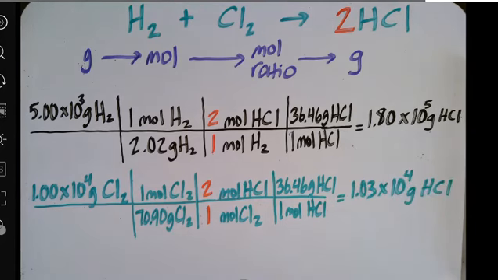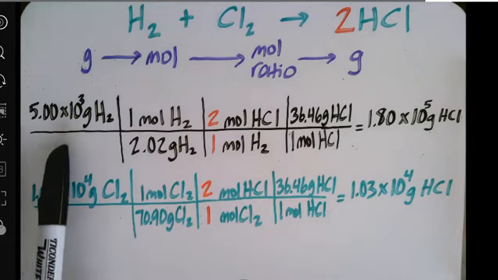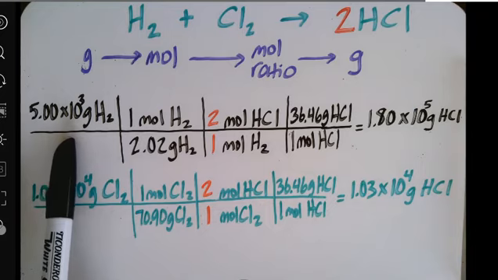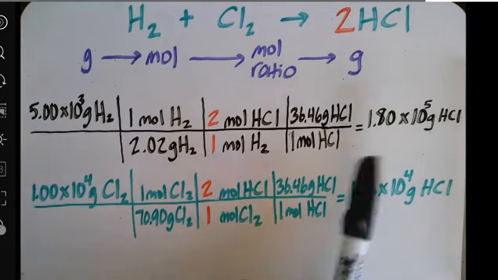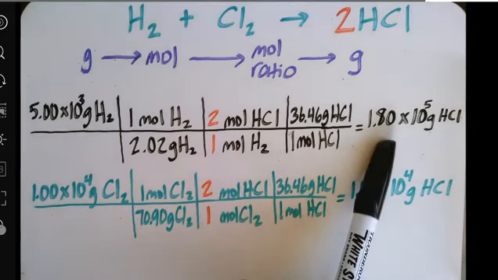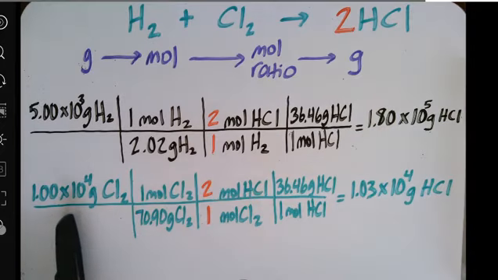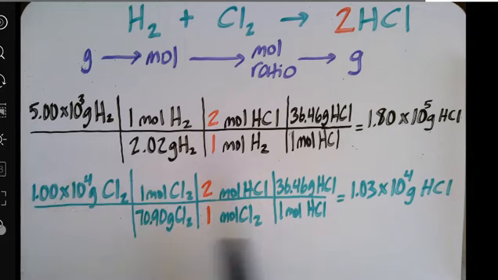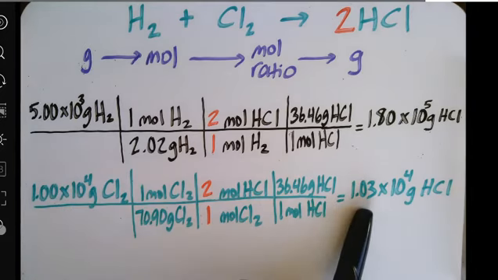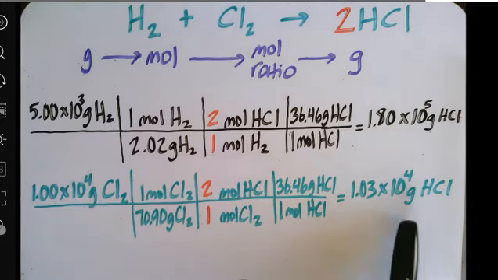Let's examine our results. With 5.00 times 10 to the 3 grams of hydrogen, we can obtain 1.80 times 10 to the 5 grams of hydrogen chloride. And with 1.00 times 10 to the 4 grams of chlorine, we can obtain 1.03 times 10 to the 4 grams of hydrogen chloride. Compare the two results.